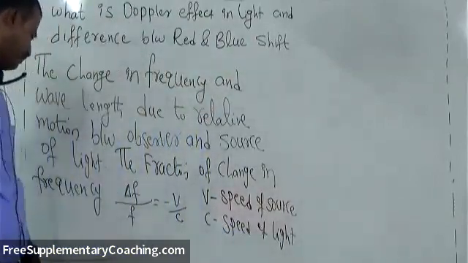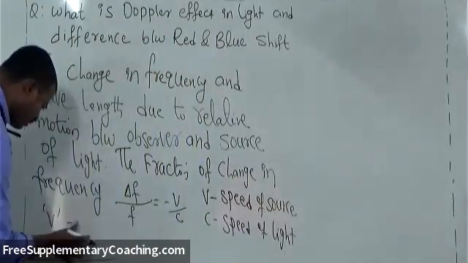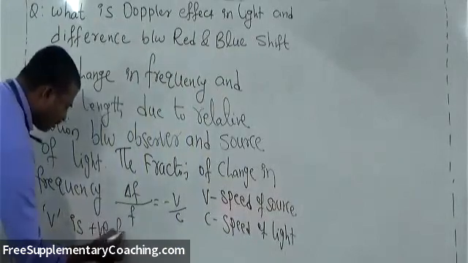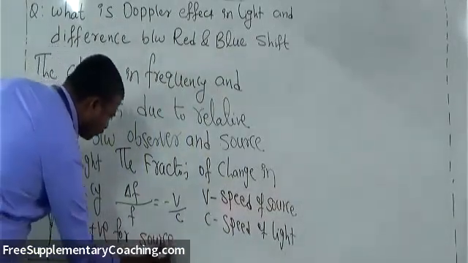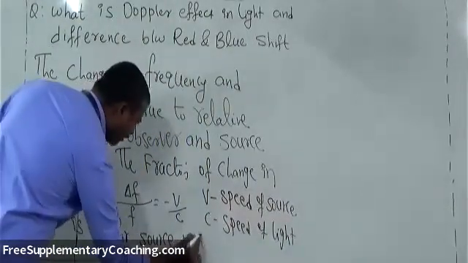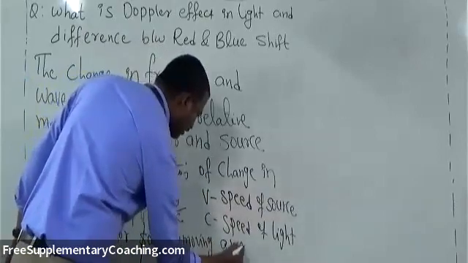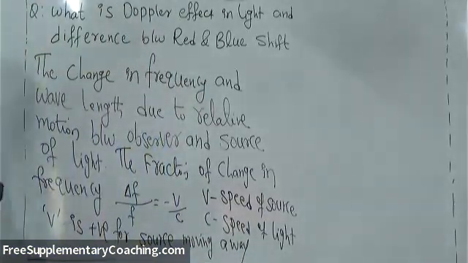And v is positive for source moving away, negative for source moving towards. Obviously, away it is positive, towards will be negative.